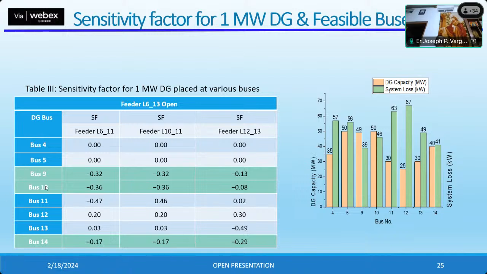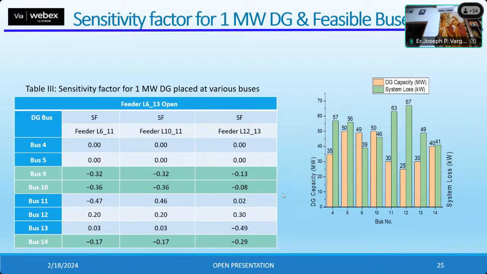The load buses of the IEEE 14-bus system are bus number 4, 5, 9, 10, 11. When we penetrate a 1 megawatt DG at the load buses, placing it one by one, we get negative values for certain locations: bus number 9, 10, 14.